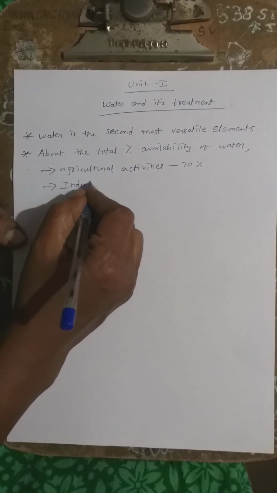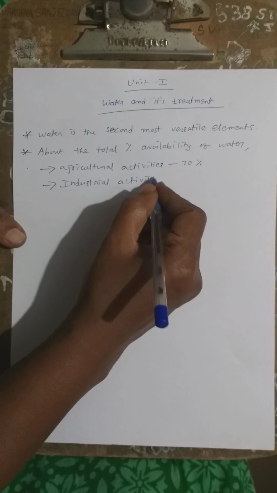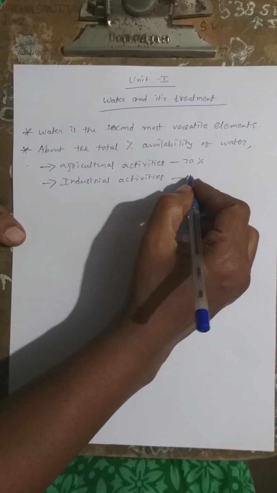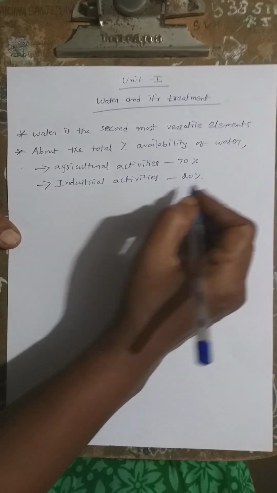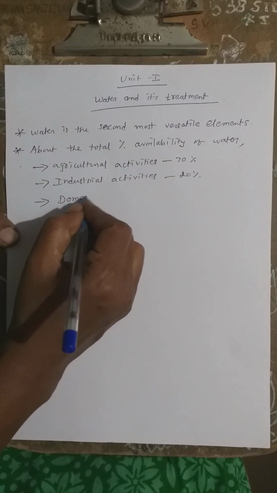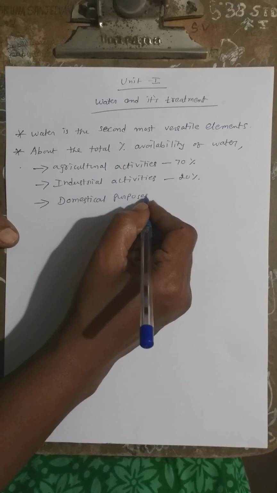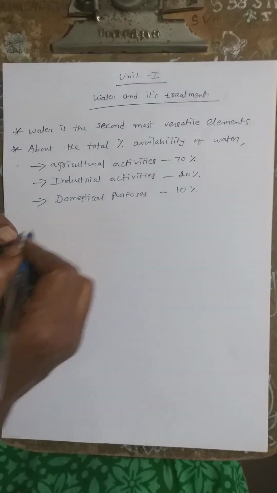For industrial activities, 20% is supplied, and for domestical purposes 10% of water is supplied.